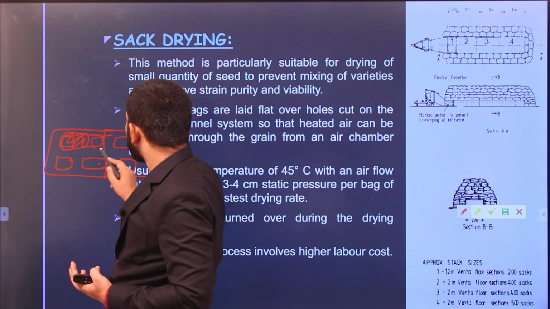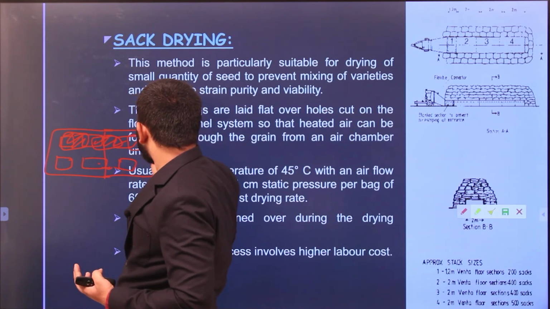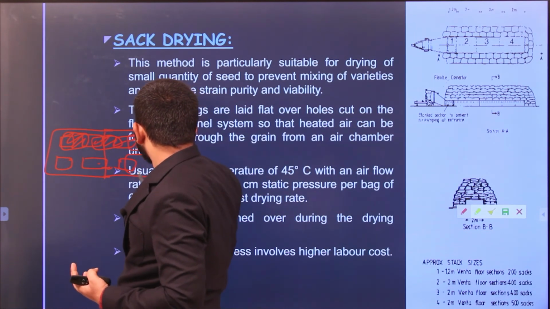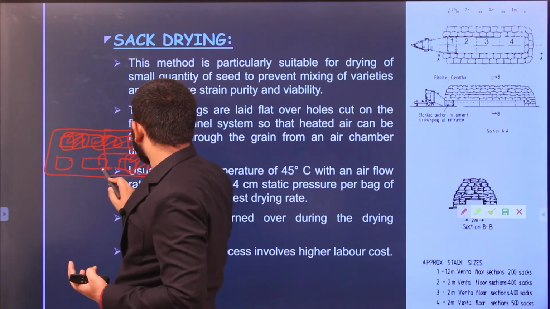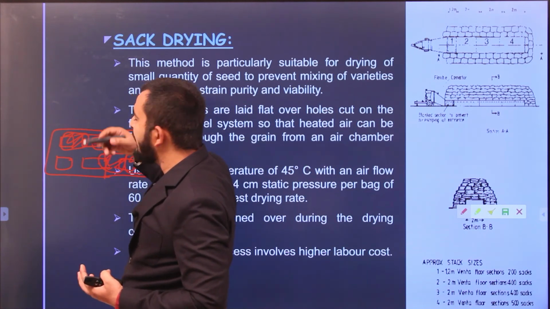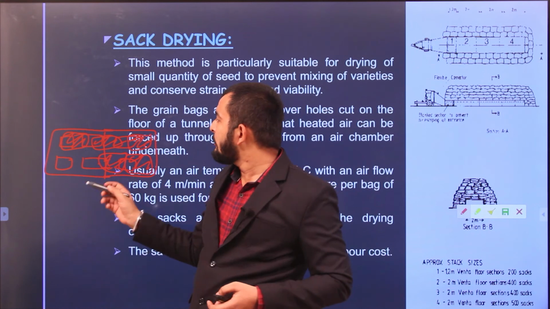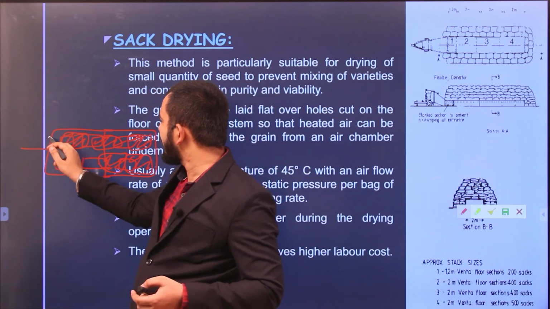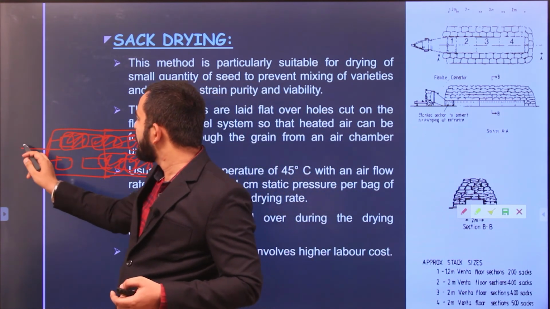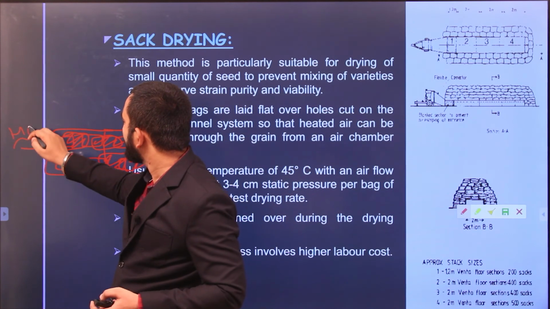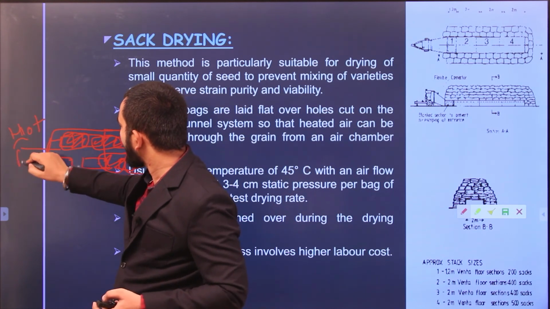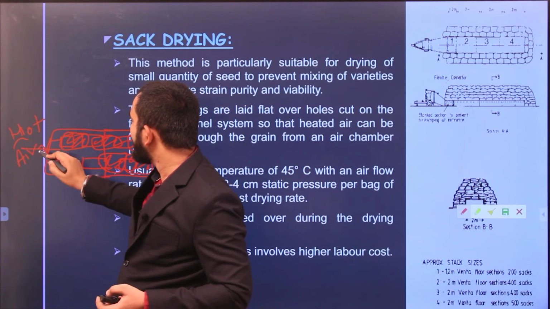Different sacks will be laid onto the tunnel and a heap will be formed, with several layers of sacks laid one over the other. These holes are connected through a tunnel system through which hot air will be passed.